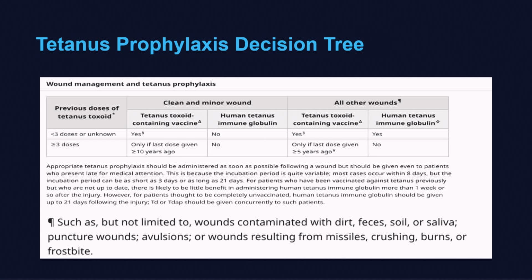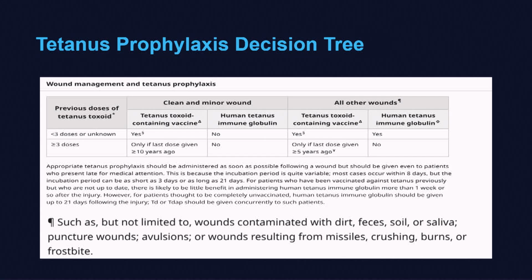Moving further to the tetanus decision. We can divide the patients into 2 types. The first patient has received 3 doses of vaccination and it is well documented that they have immunity. The second type are patients for whom the status is not known and the doses are less than 3. If it is a clean and minor wound, we give only the toxoid for the people with unknown status.